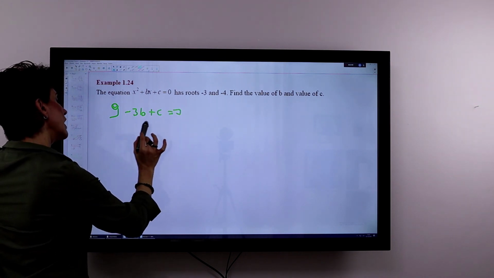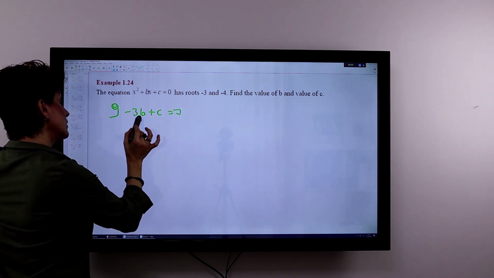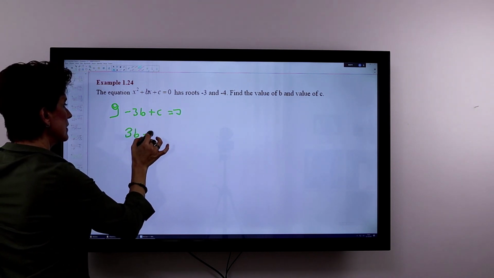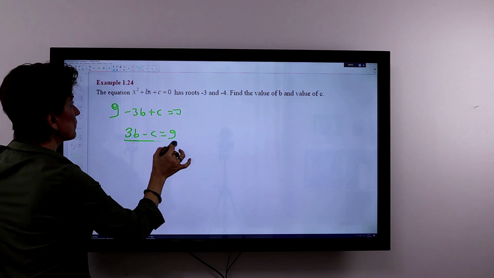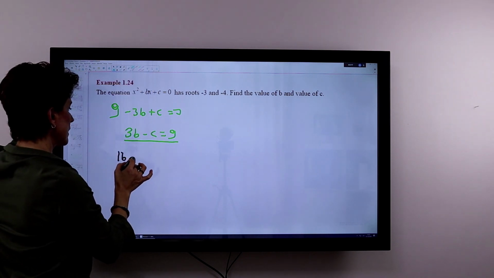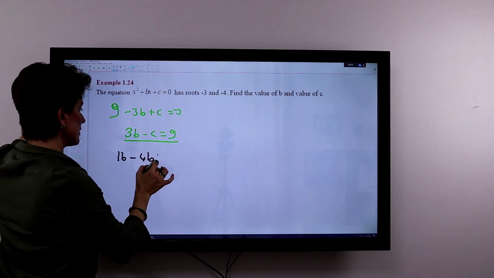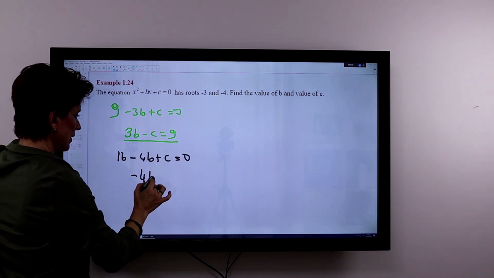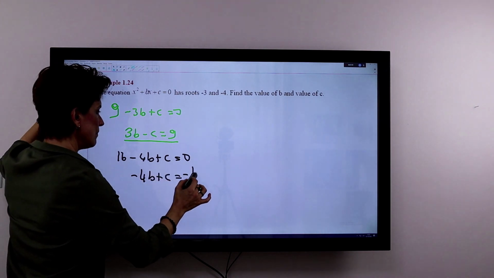Moving the last two terms to the right hand side, 3b - c is 9. Then I'm going to substitute -4: 16 - 4b + c is 0, so -4b + c is -16.